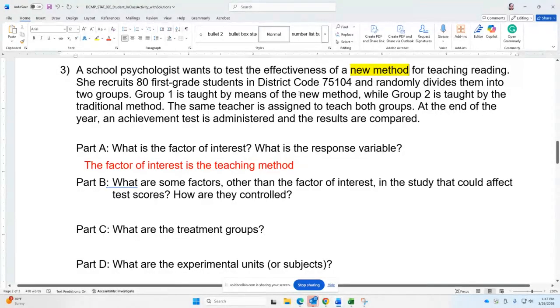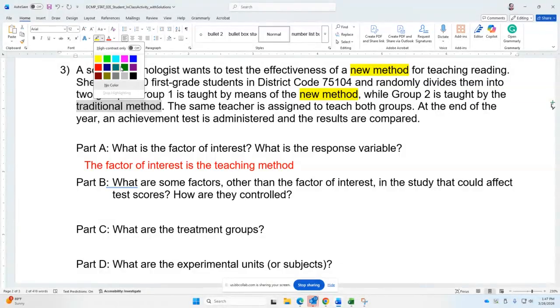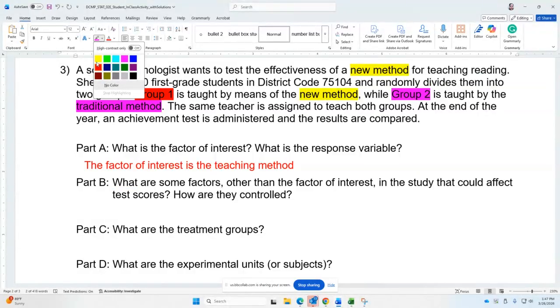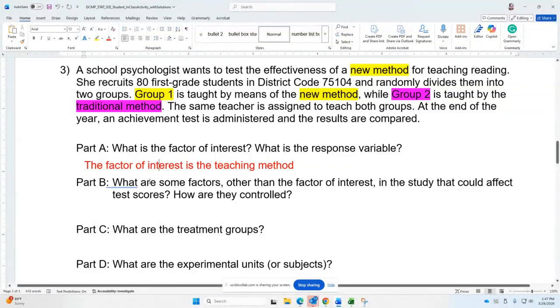So group 1 is going to have the new method, and group 2 is going to have the traditional lecture method.